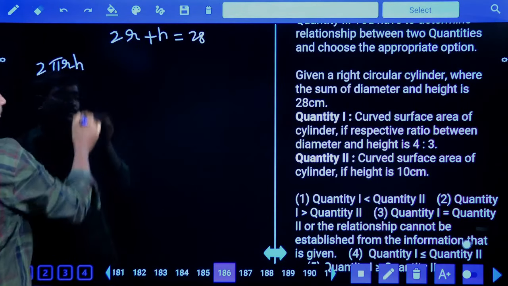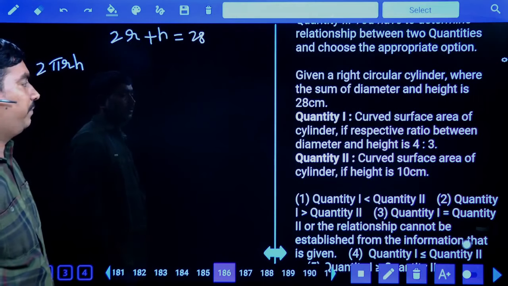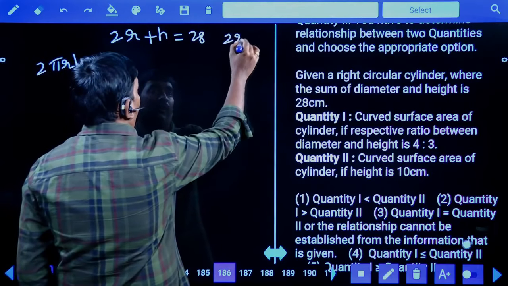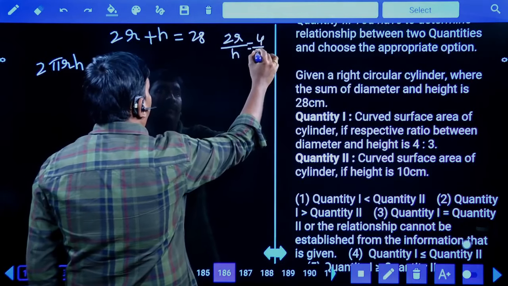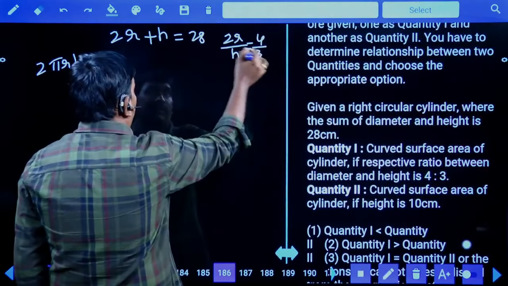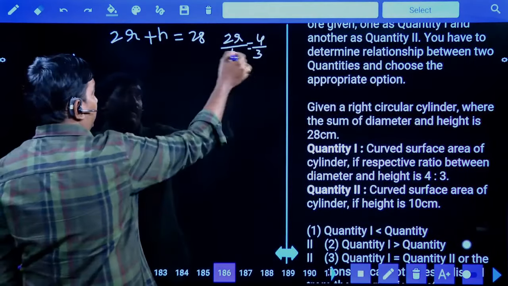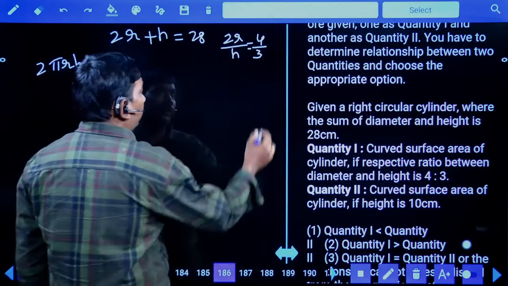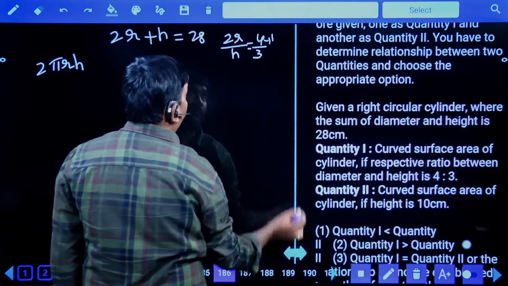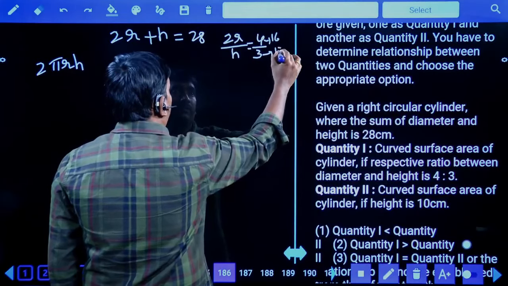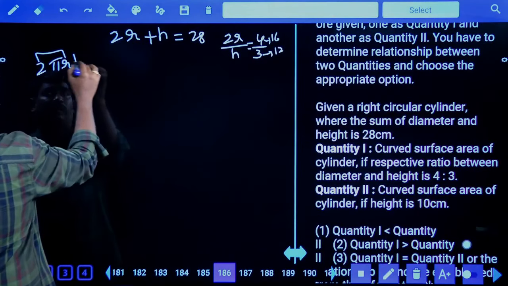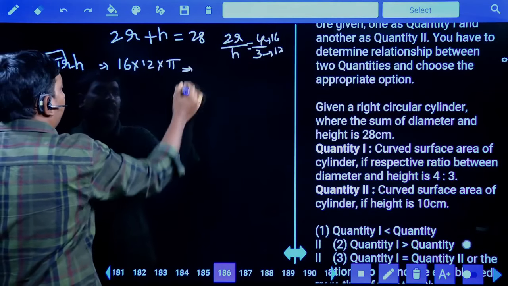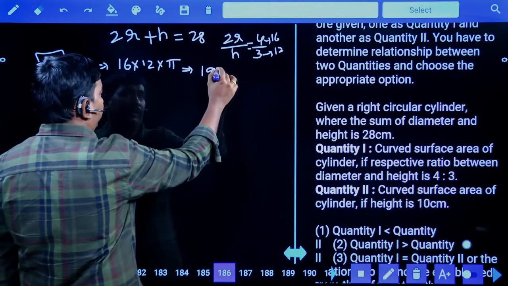The ratio between diameter and height is 4 to 3, so 2r by height is equal to 4 by 3. 4 plus 3, 7 parts value 28, means 1 part value 4, then 4 parts value 16, 3 parts value 12. So 2r value 16, height value 12, into pi: 16 12s are 192 pi. This is quantity 1 value.